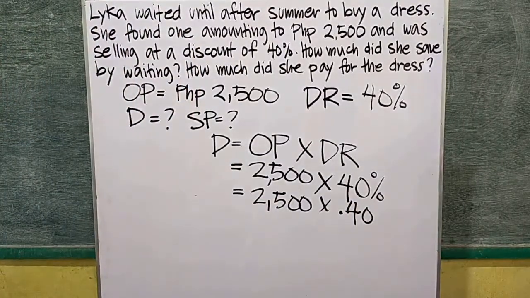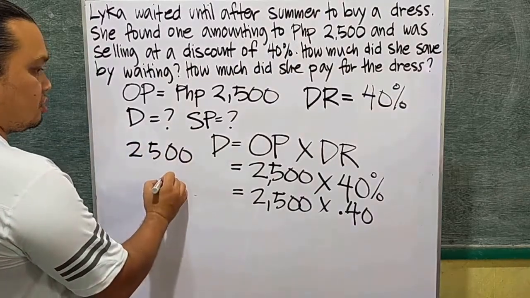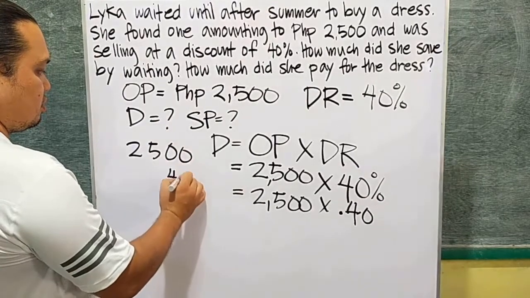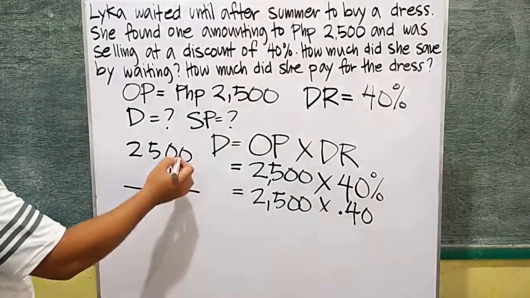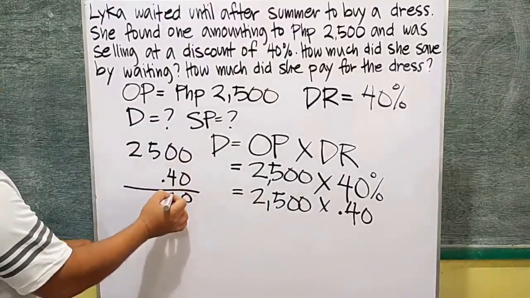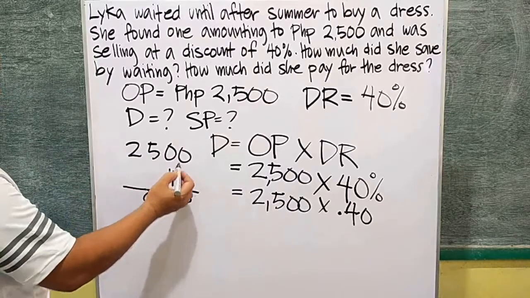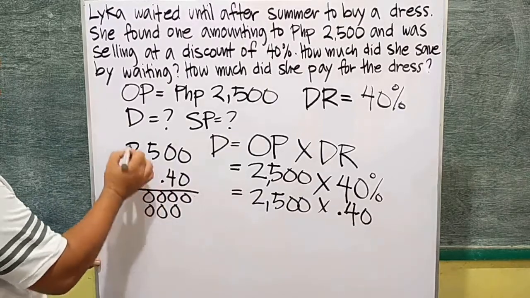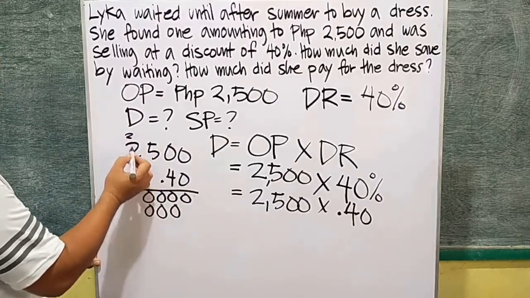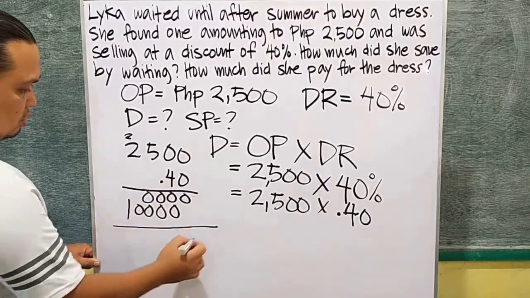Now, let's multiply 25 times 0.40. 0 times 2 is 0. 4 times 5 is 20. 4 times 2 is 8, plus 2, that's 10. So let's add a 0.